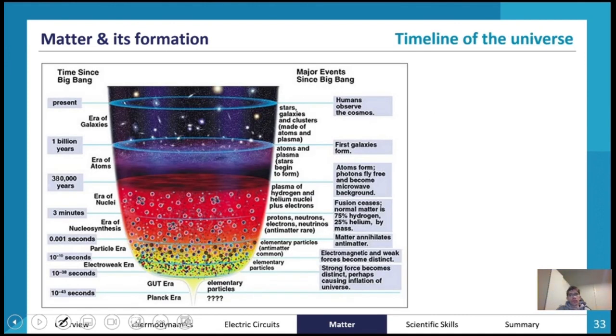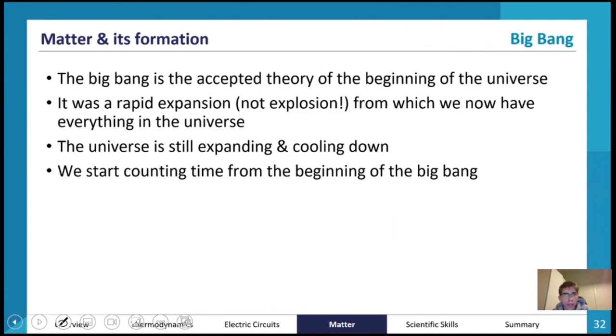Now, something else that you might have to learn is the Big Bang theory. The Big Bang theory basically states that there was an explosion, or at least that's how most people know it.